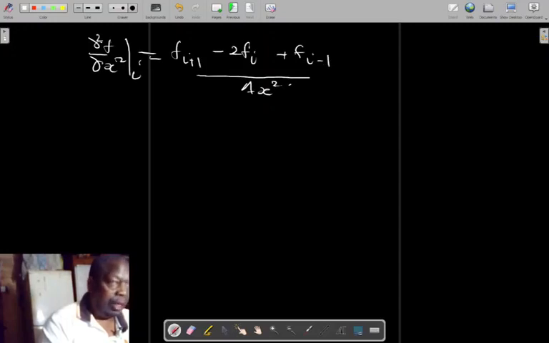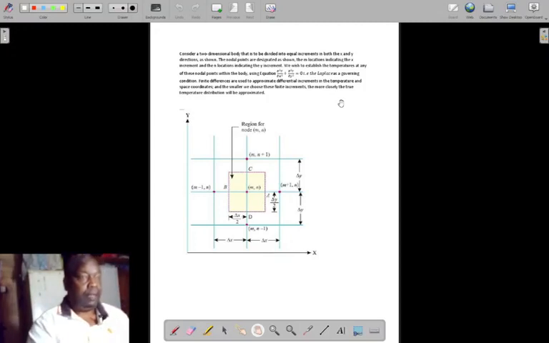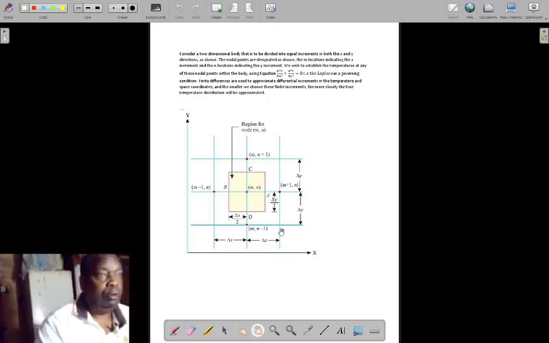So supposing we had a look at a two-dimensional body, that is a body that has dimension in the x and y direction, that is divided into equal increments in both x and y direction.